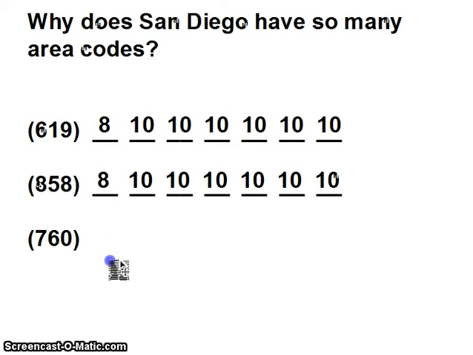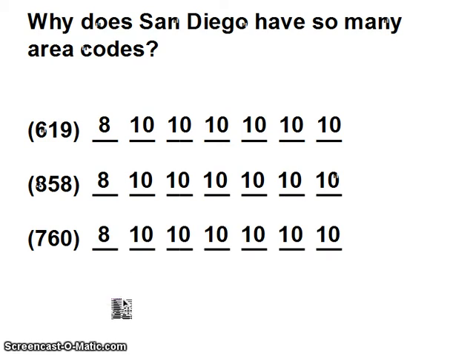And so that's why we have several more area codes, and so you add them all up, and we have 24 million different telephone numbers that we have access to county-wide.